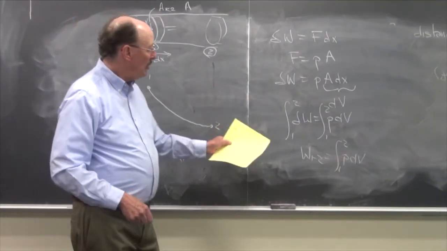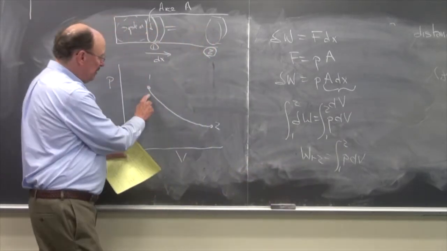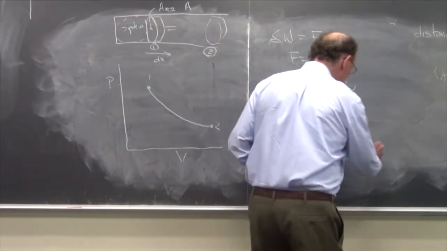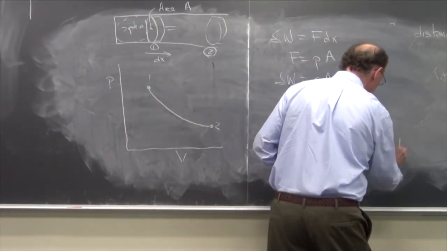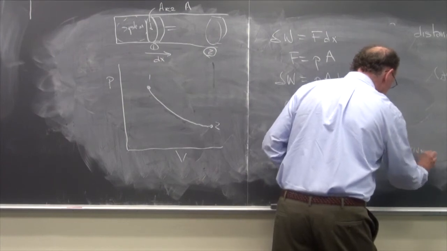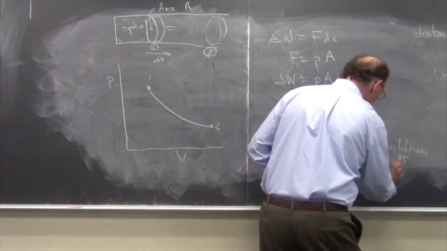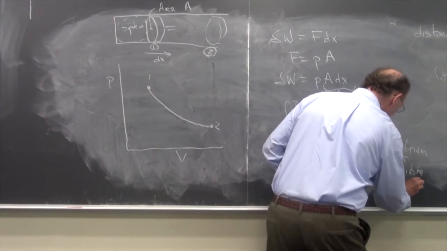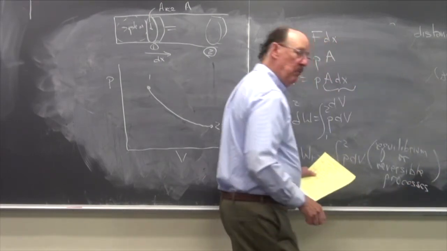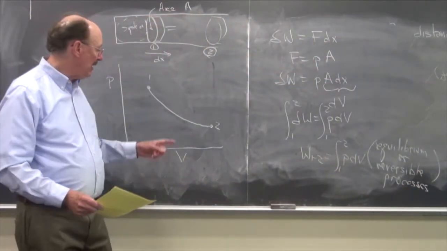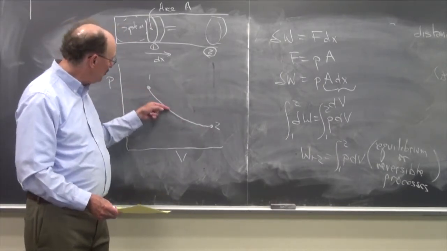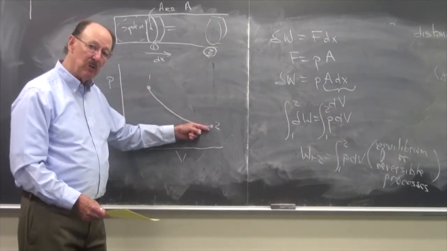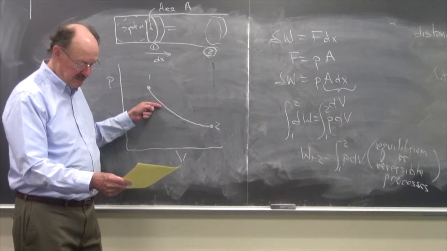Notice I'm writing this, and I drew a continuous line, so this was a continuous function. So this is for equilibrium or reversible processes. And what happens in thermodynamics when you draw a straight line, since it's defined and I know how to go this way, 1 to 2, I know how to go back, and that means it can reverse itself. And that's why they're called equilibrium or reversible processes.